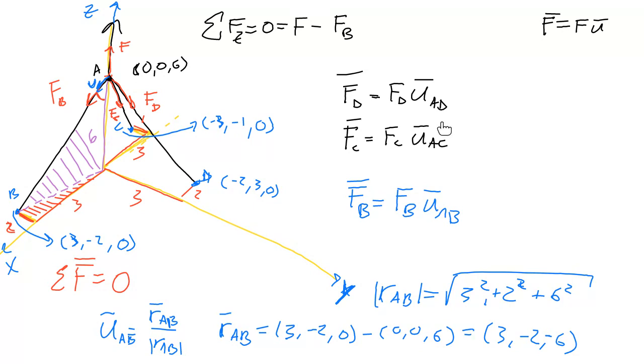Find the magnitude of it, and then you'll have the unit vector to apply to each one of those forces to make them Cartesian vectors. Then you can set this condition, sum them, and set them equal to 0.